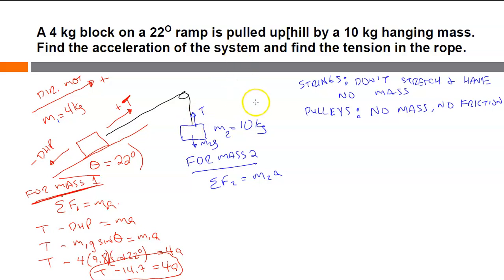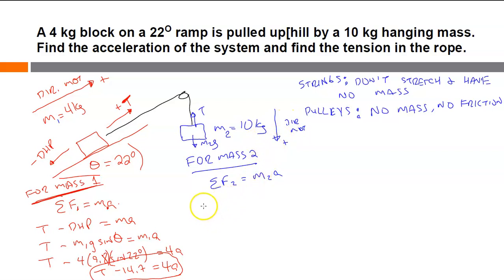I want to set up a coordinate system. I notice that this box is going down. As this one slides uphill, this one's going to go down, so my direction of motion is down. I've got to tie my coordinate systems together: the direction of motion needs to be positive for both boxes.